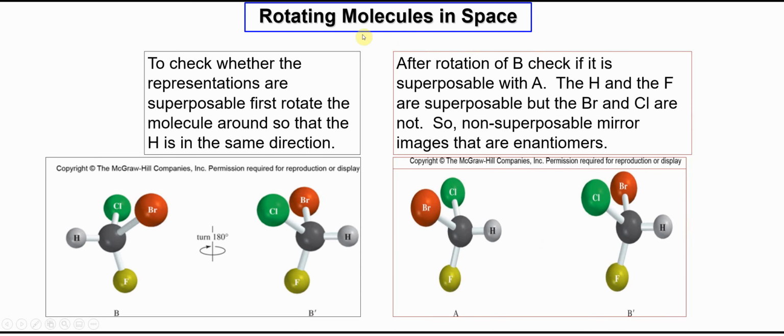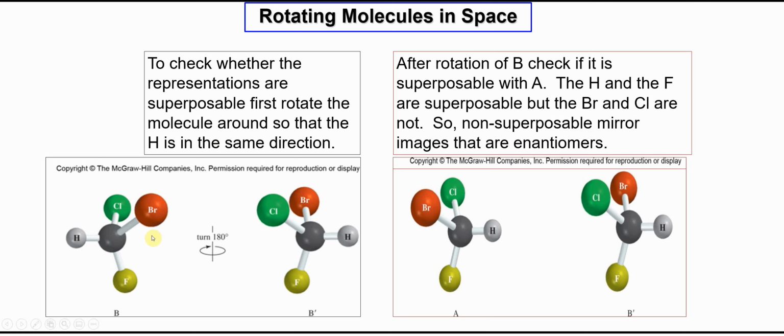So in your enantiomers, you are going to do this. You will rotate the molecules in space to check whether the representations are superimposable or not. First rotate the molecules around so that your hydrogen is in the same direction.